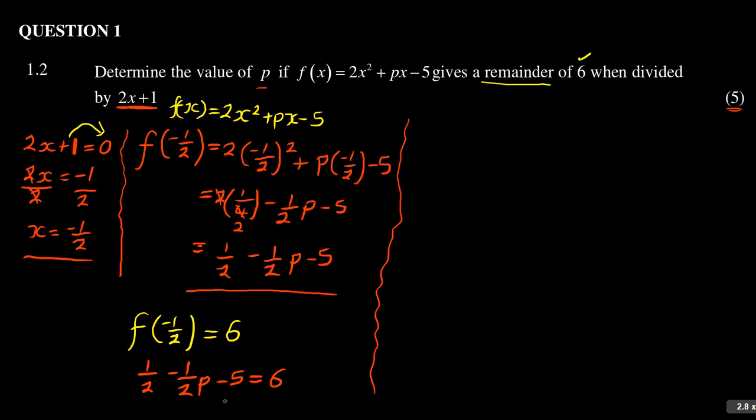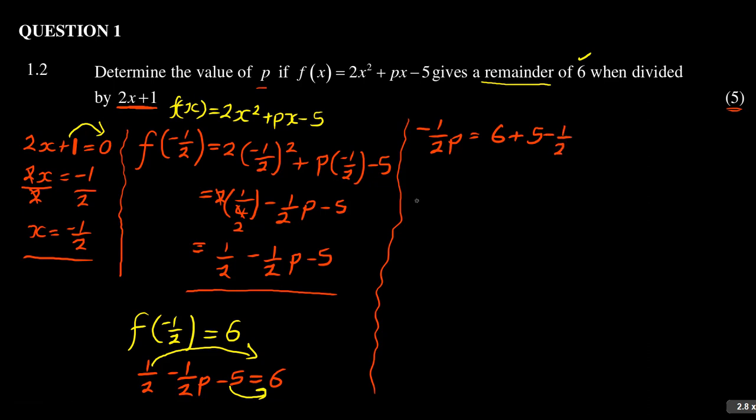Now the next thing that you need to do is to solve for p. In actual fact, you can collect your like terms, whereby you are going to have minus 1 over 2 p. All the numbers, the half will jump and the 5 will join the 6. So you will have 6 plus 5 minus 1 over 2.